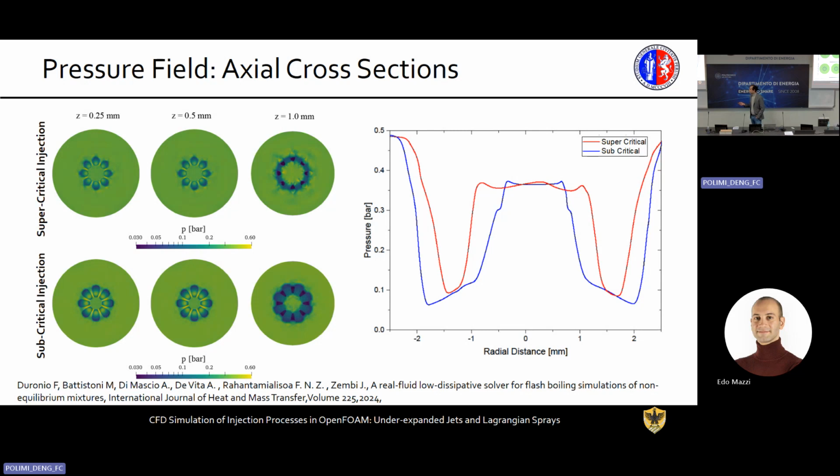And we believe that this is the main reason of the spray collapse. The spray collapses because the internal pressure is lower than what we have outside. You can find the other results in this paper, which was published a few days ago.